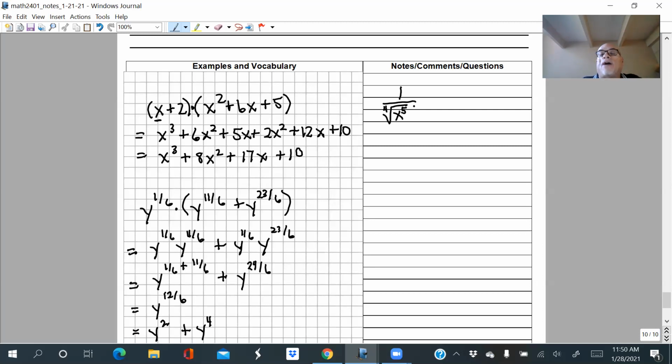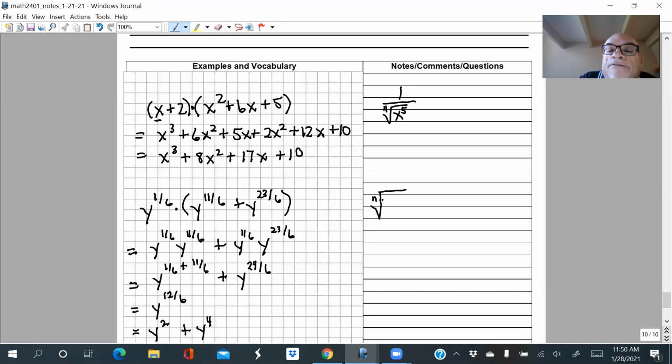All right, so how do I rewrite that without the fourth root using an exponent? Well, here is the trick. Let me show you the rule if you don't remember it.